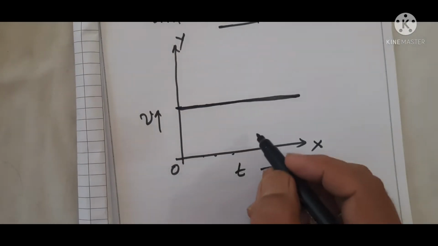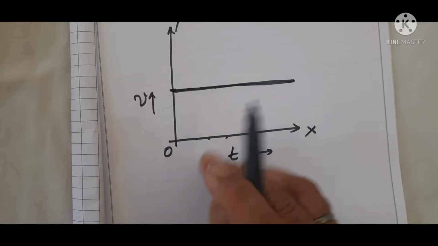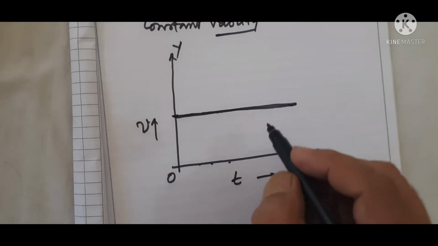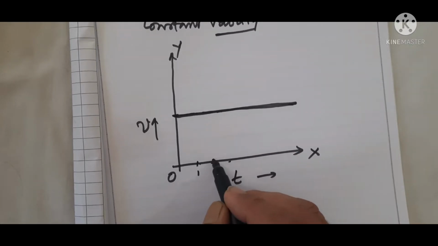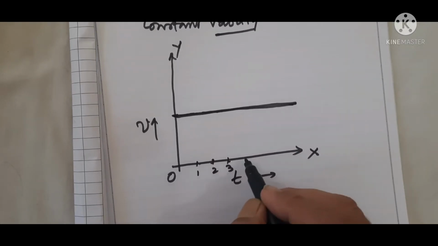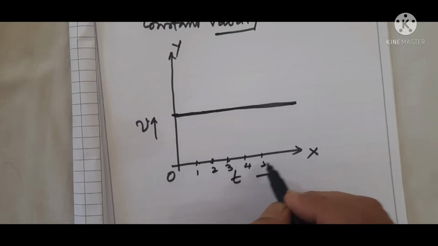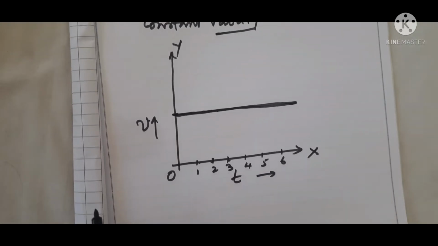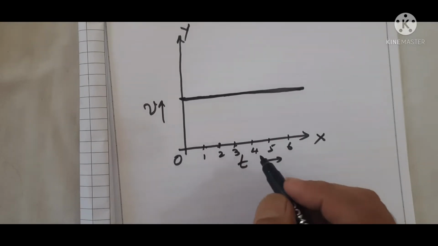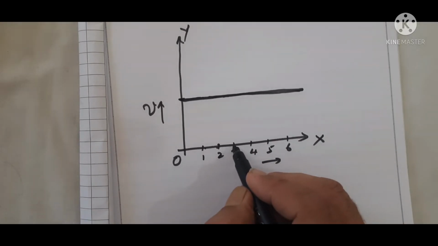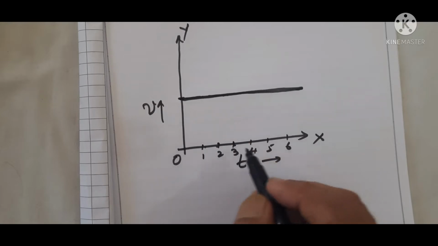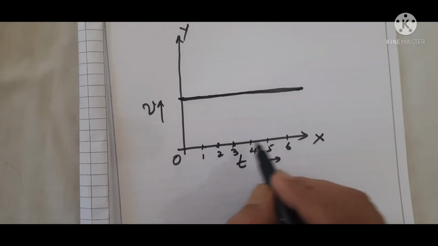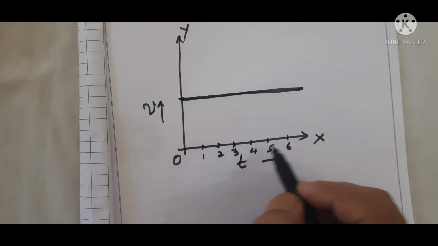So this is a VT graph for an object moving with constant velocity. Now suppose it is given here 1, 2, 3 second, 4 second, 5, 6 like that, and your question is that you have to find out the distance traveled from 3 second to 6 second.